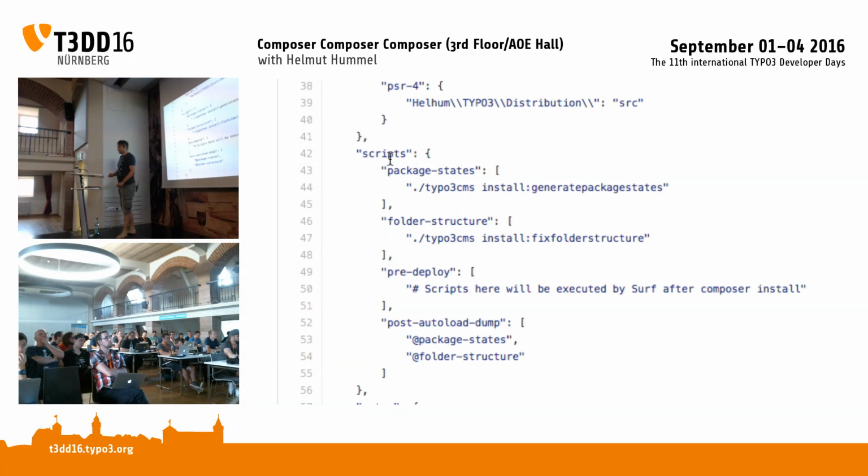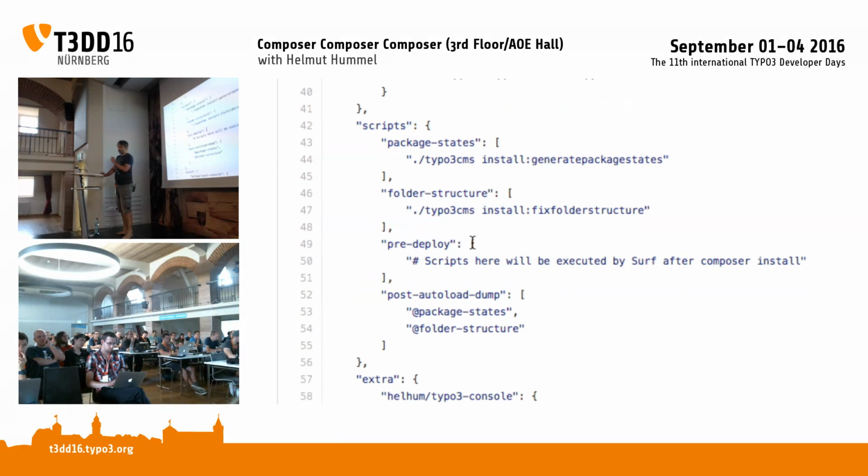So if I do composer install in this project, the TYPO3 console command line tool is available, and then I can directly generate the package states file. So what we plan for the future as the default for TYPO3 already just works now, because I have some helper script, which is the TYPO3 console.